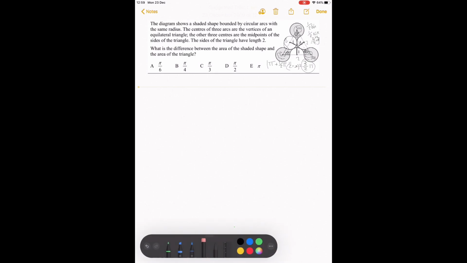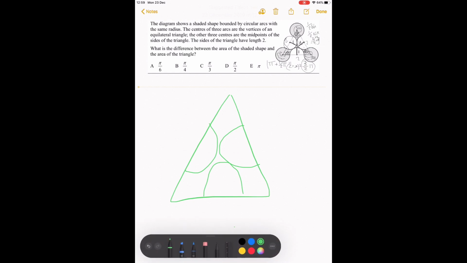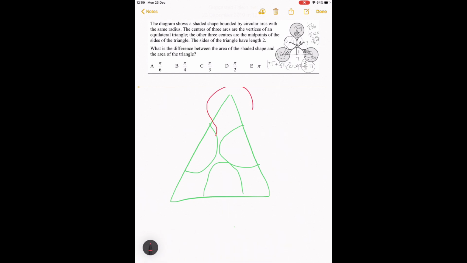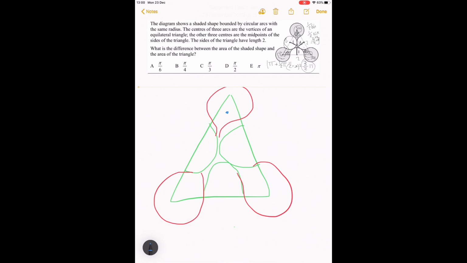So to make it easier for us, we'll draw the triangle again. So we have our triangle here, and then we have our 3 semicircles, and then we have our shaded ones that come from here, like that, and then we have our equilateral triangle that runs from the center point of each outer circle.